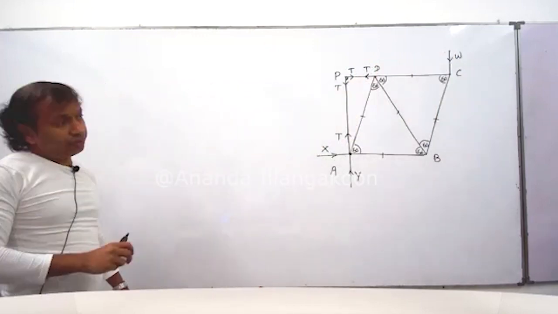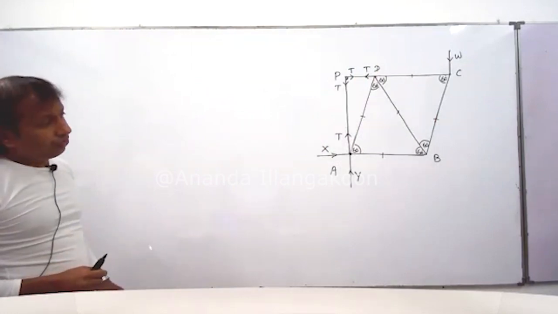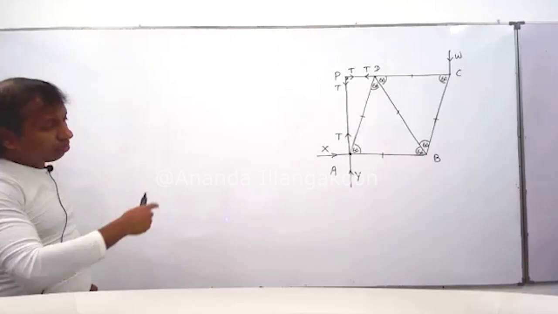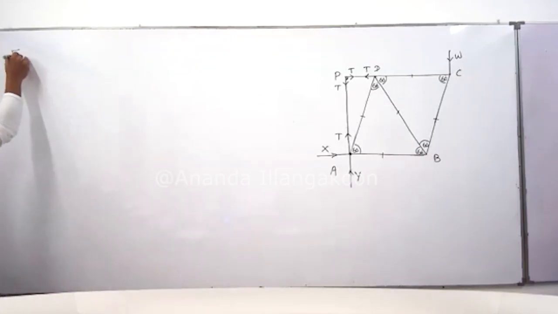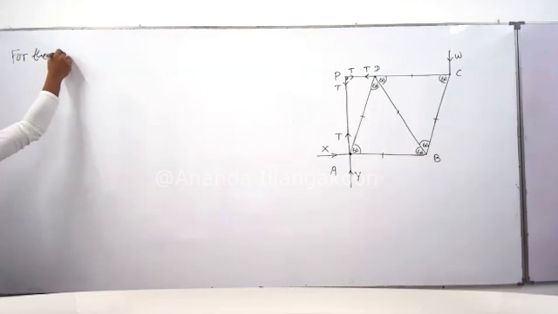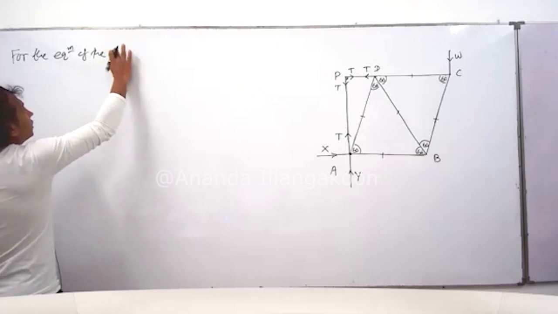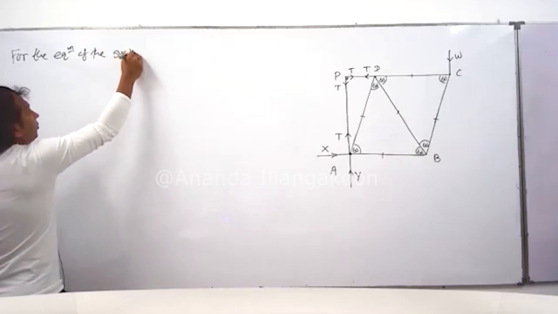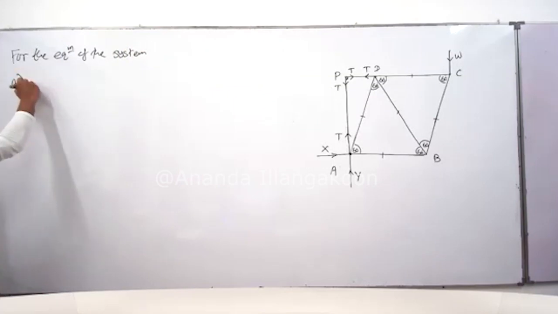Subject to the action of those forces only, the framework is in equilibrium. Therefore, by considering the equilibrium of the framework, we take moment around A. Say clockwise sense we take.